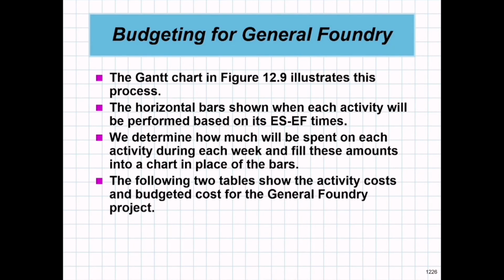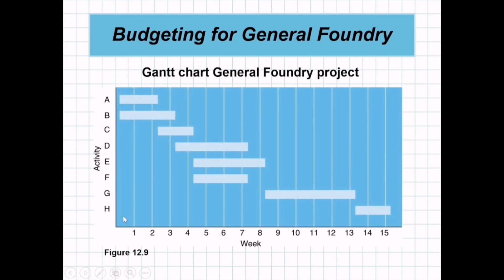So we have here a Gantt chart. As you can see, this is the number of weeks. In other words, class, activity A will be finished in 2 weeks, activity B will be finished in 3 weeks, activity F in 7 weeks. Can you analyze this?